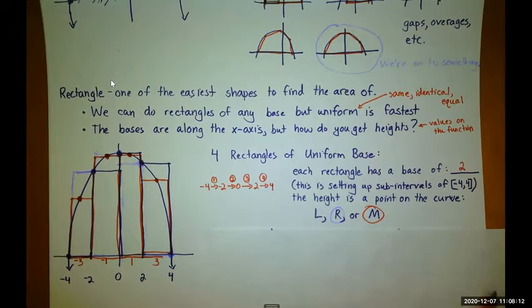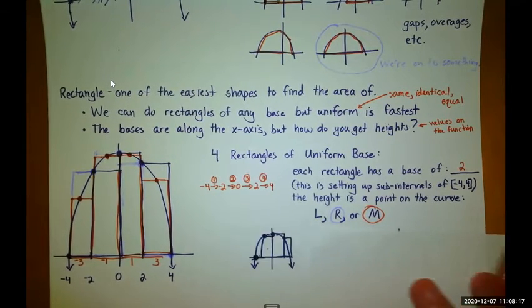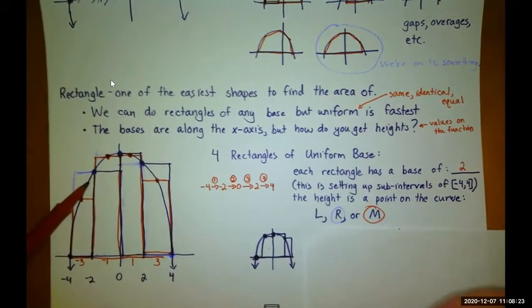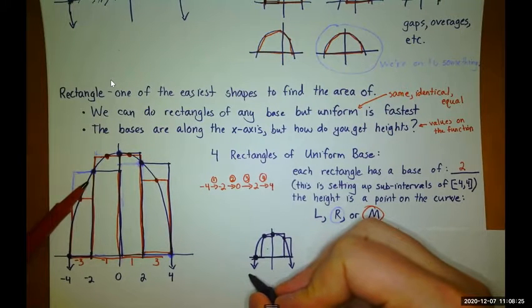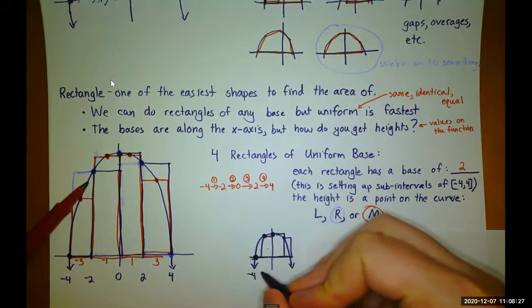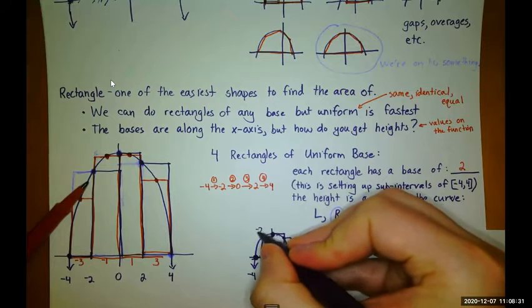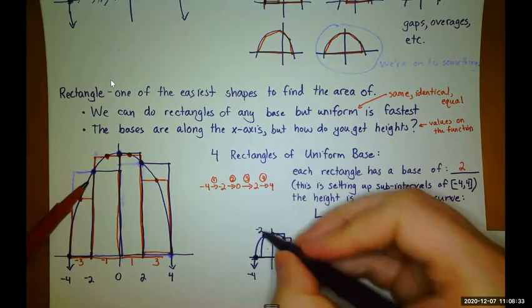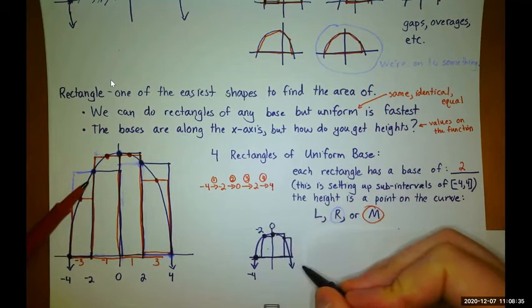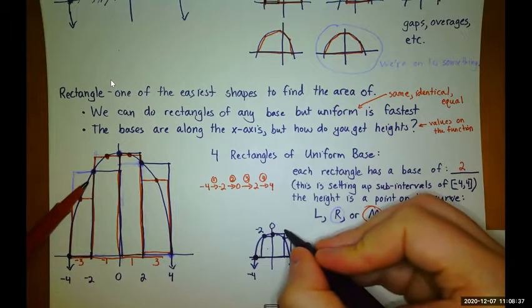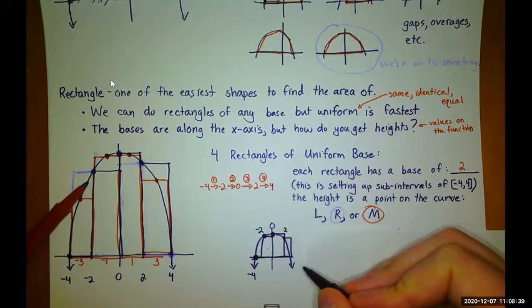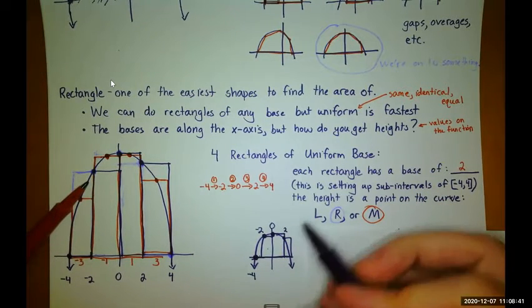So what do I mean by that? If we're doing left-sided rectangles, our rectangles' heights are going to happen at -4, -2, 0, x equals 2, and then that's our 4 rectangles, right?